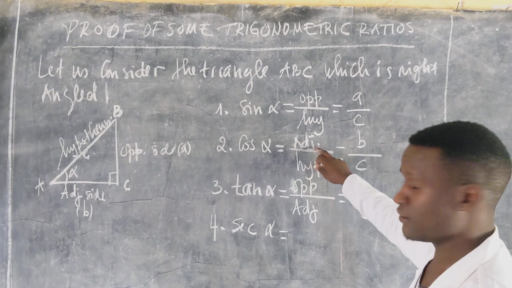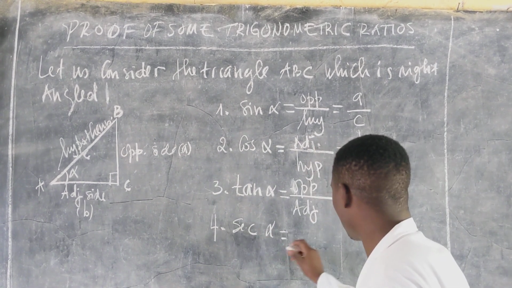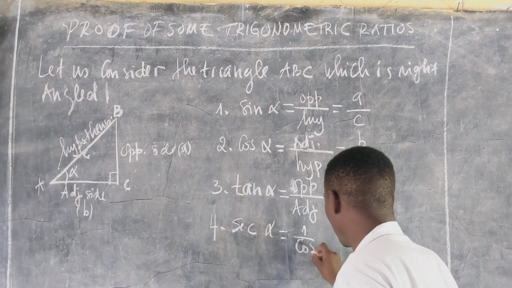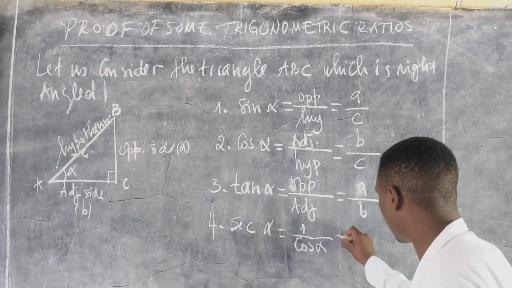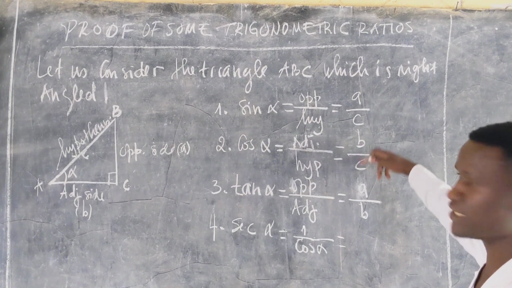Sec alpha is equal to 1 over cosine alpha, which is equal to the inverse of b over c.